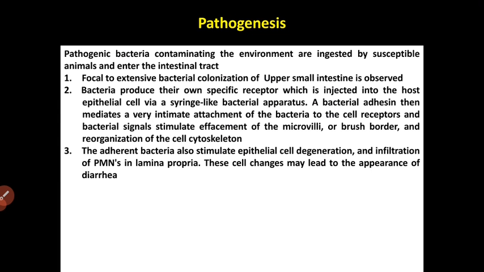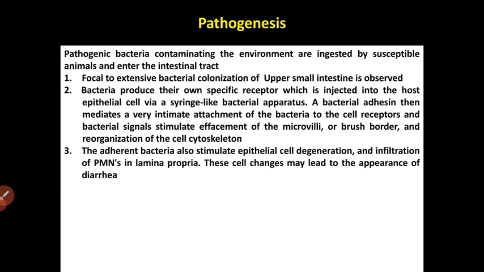Now a bacterial adhesin then mediates a very intimate attachment of the bacteria to the cell receptors, and they give signals to stimulate effacement of the microvilli or the brush border and reorganization of the cell cytoskeleton. Understood what is happening?